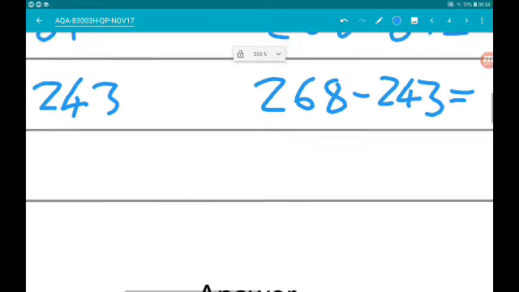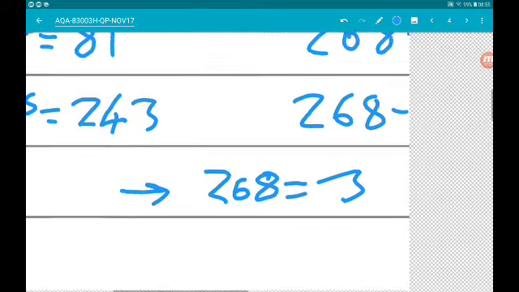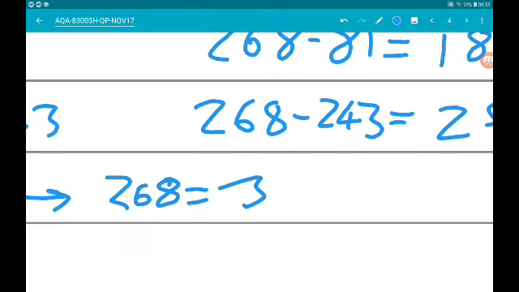So, 268 can be written as 3 to the power of 5 add 25. A power of 3 add a square number.